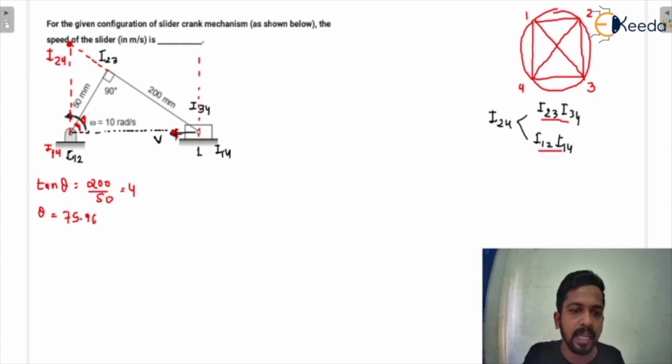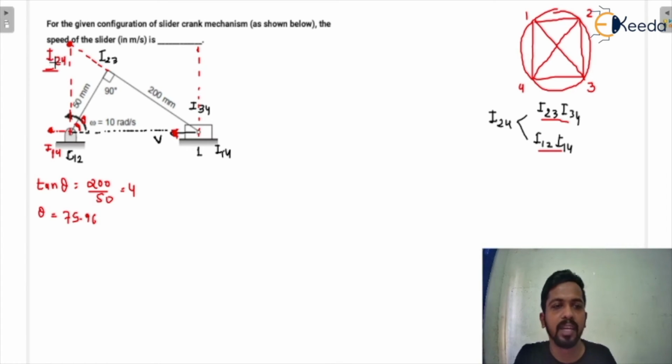Why am I finding I24? Because the velocity will be in the perpendicular direction to I24 here. There is only one possibility for the velocity to be perpendicular to the instantaneous center, that is I24. So that is why we have to find I24.